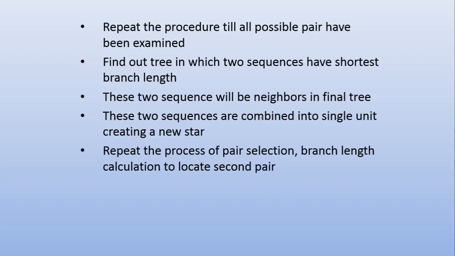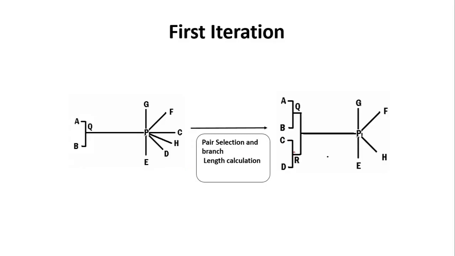So these two sequences are combined into a single unit, creating a new star, and you would repeat the process of pair selection and branch length calculation and locate the second pair. The second pair would again be added to the first internal node as R, and you would go on repeating the same procedure.